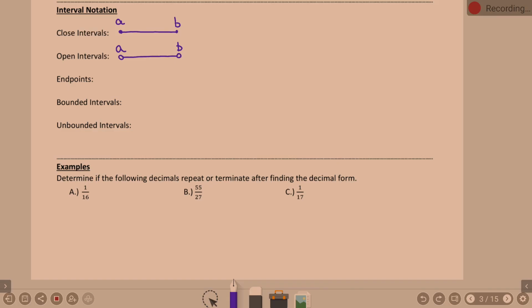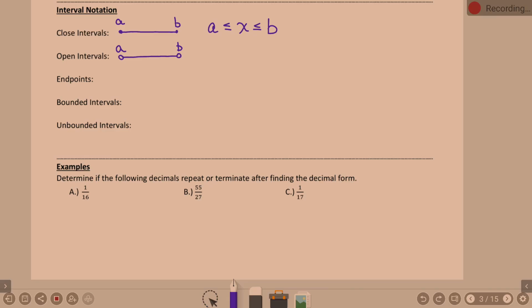A good way to write this combined is to say that A is less than or equal to X is less than or equal to B. That's a funky looking B. And that's just a way to write that the shading is in between points A and B. Those would normally be numbers, but they're points.